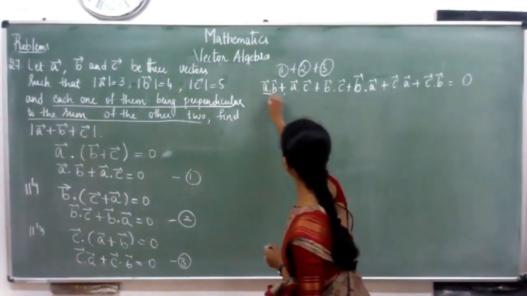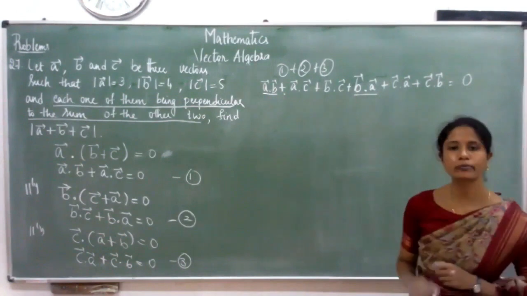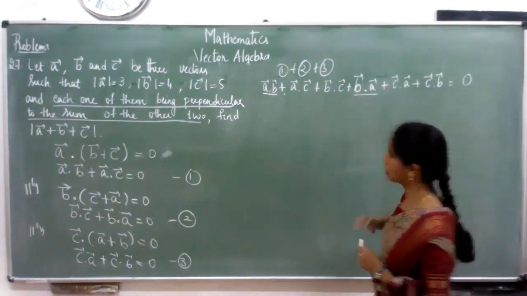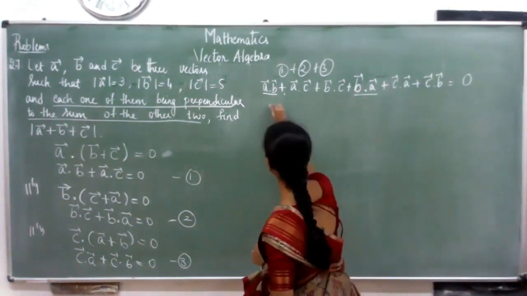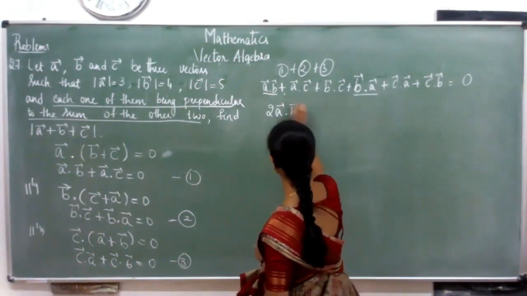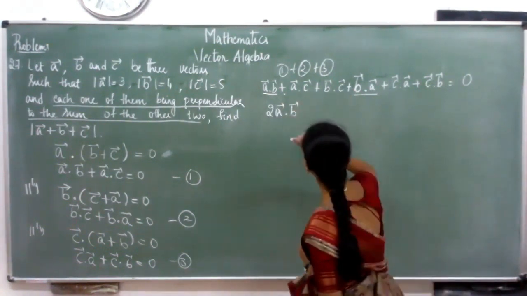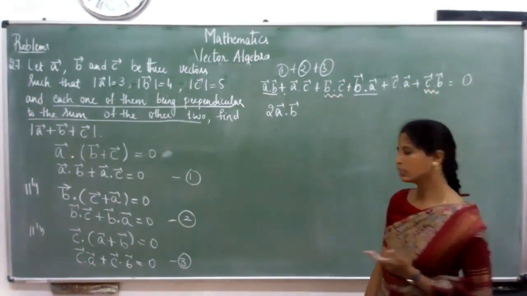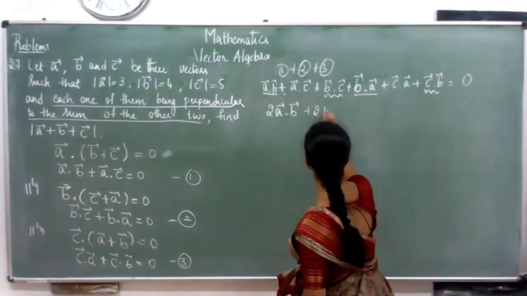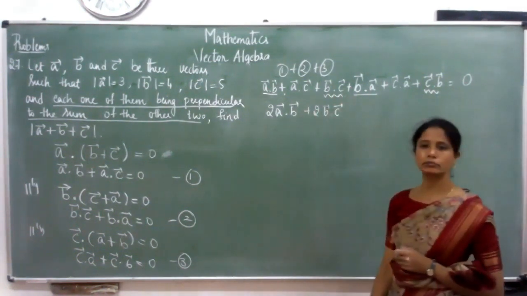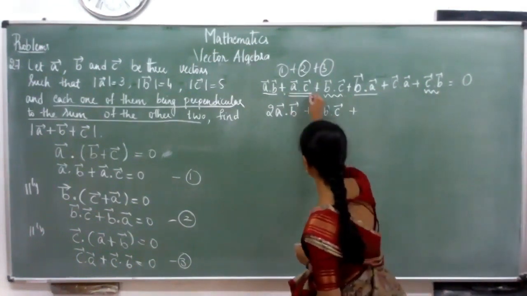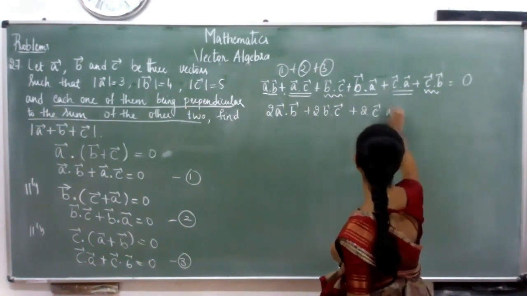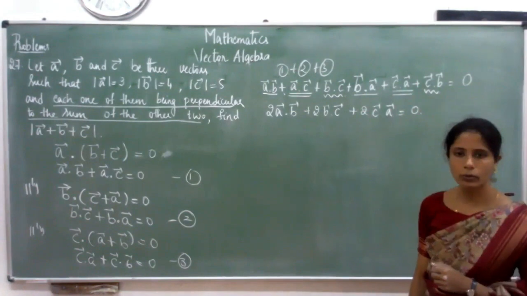Now vector A dot B and vector B dot A: the dot product is commutative. So vector B dot A can also be written as vector A dot B. So vector A dot B plus vector A dot B will become 2 times vector A dot B. Next, vector B dot C and vector C dot B, using the same property, can be written as 2 times vector B dot C. In the same way, vector A dot C and vector C dot A become 2 times vector C dot A, equal to 0.